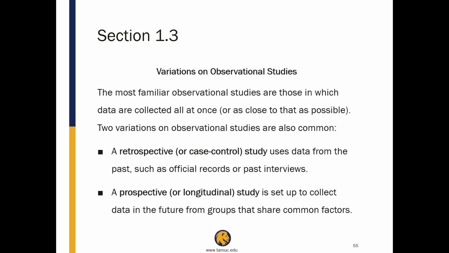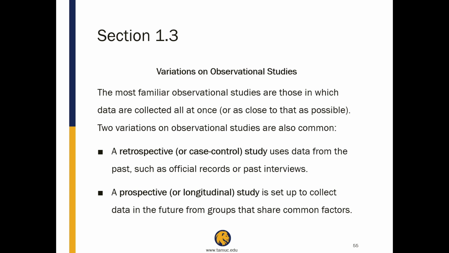Now, talking about observational studies for a second, those are not experimental studies, where we need blinding. For observational studies, there's a couple different kinds that are often referred to. The most familiar observational studies are those in which data are collected all at once, or as close to that as possible. But there are two variations on this, called the retrospective or case control study, and the prospective or longitudinal study.